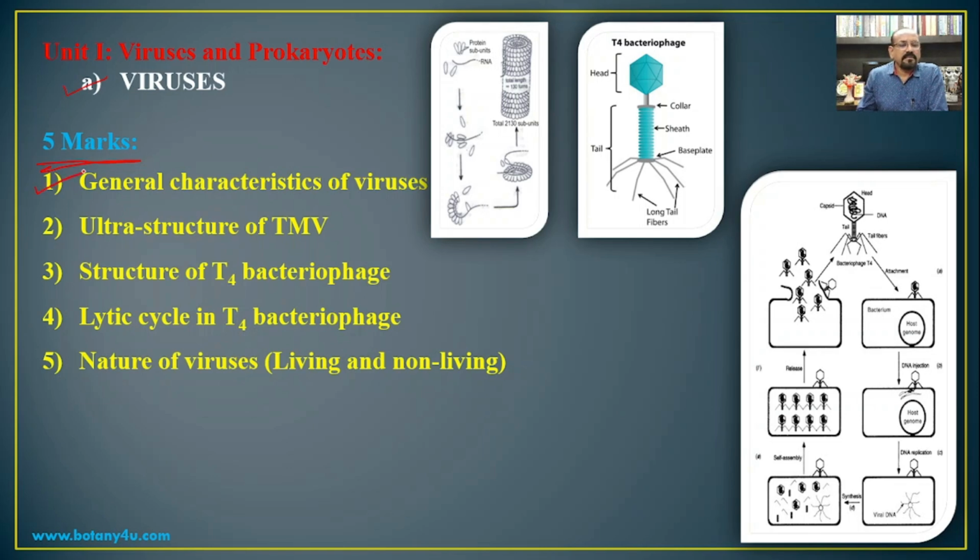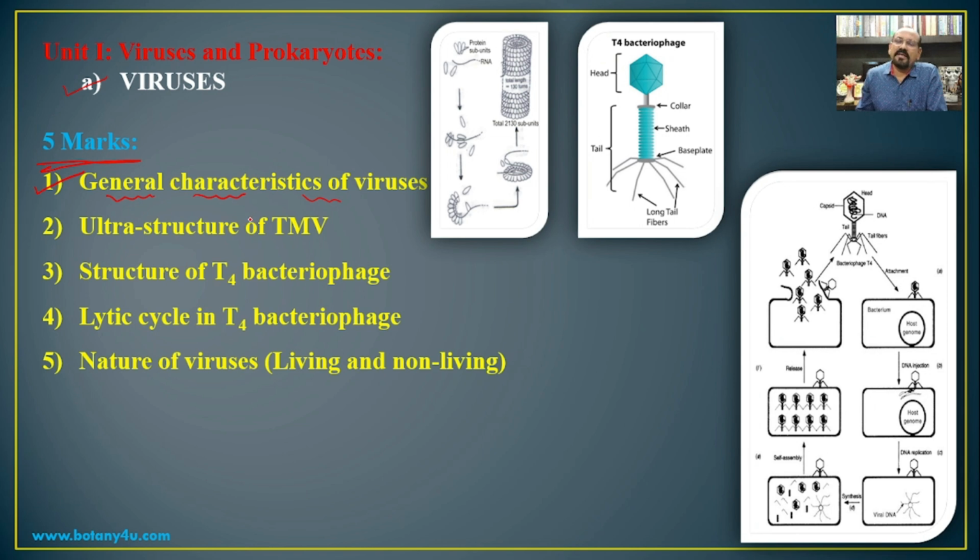Number 1, that is the general characteristics of the viruses. So we have to provide here the general characteristics of the viruses: that viruses are obligate parasites. They can only reproduce or use energy when they are present inside the host.